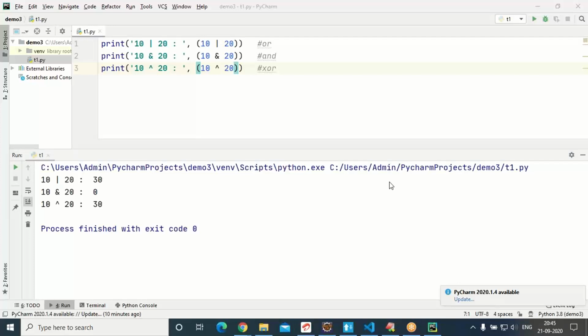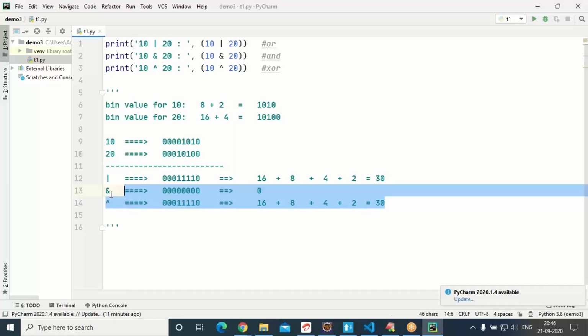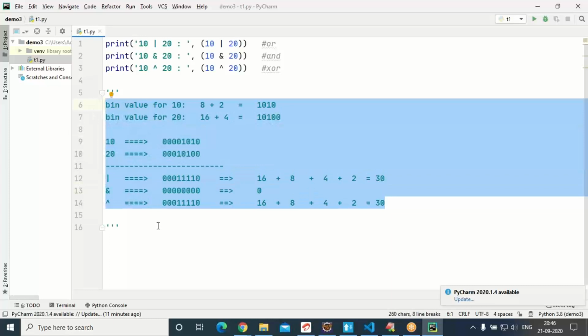Let us see the binary values for 10 and 20, then the OR operator effect, AND operator effect, XOR operator effect. Please go through this. Understand by yourself what is the effect of the OR operator, AND operator, XOR operator.